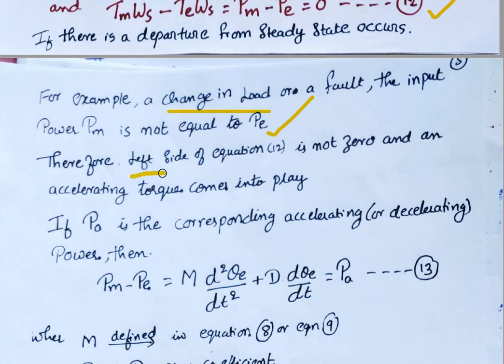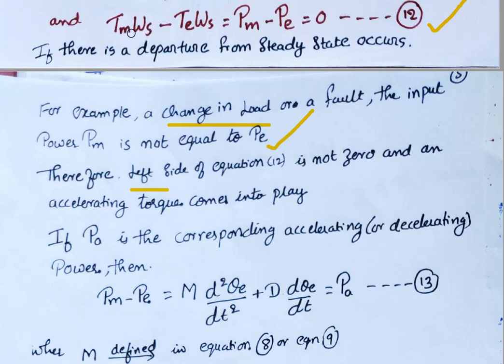Therefore, the left side of equation 12 will not be 0. So this varies and an accelerating torque comes into play. When my input power is more, when the driving force is more than the controlling or opposing force.